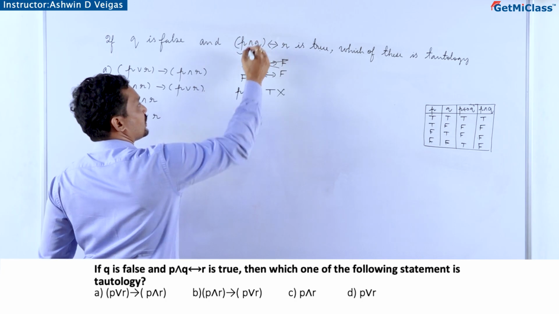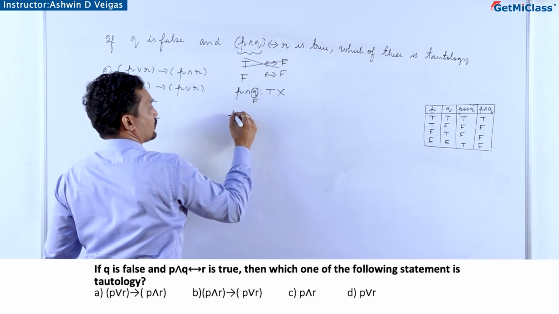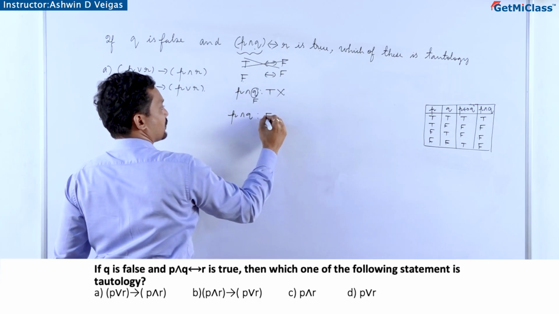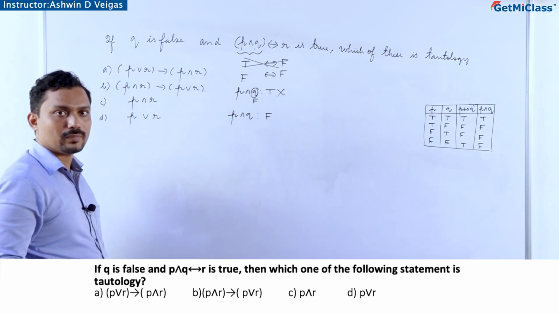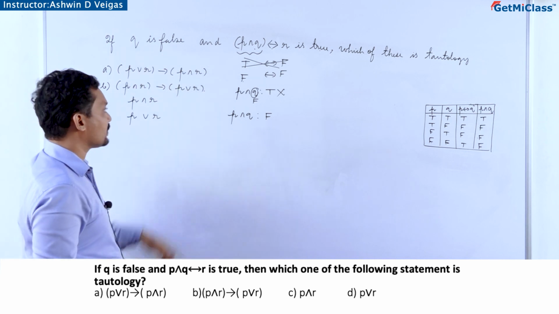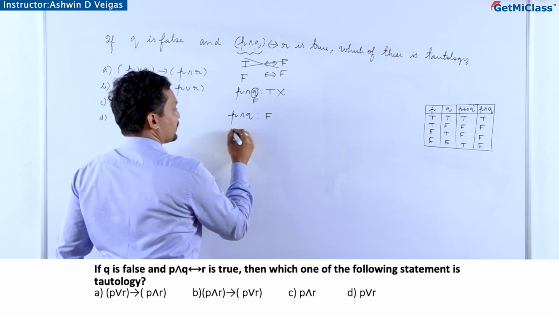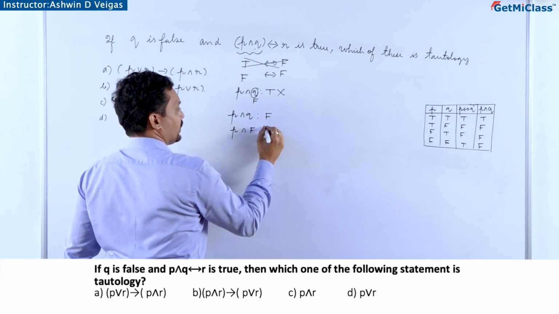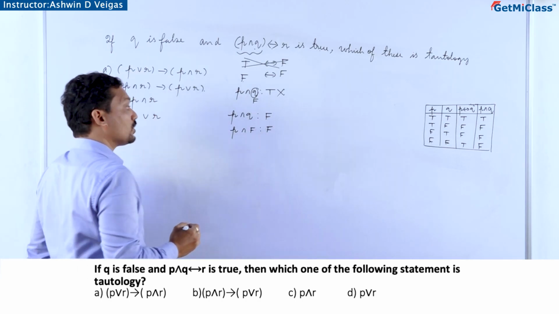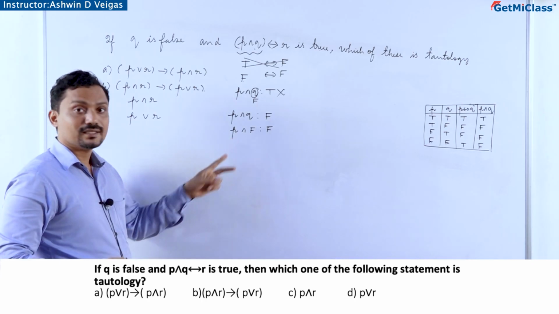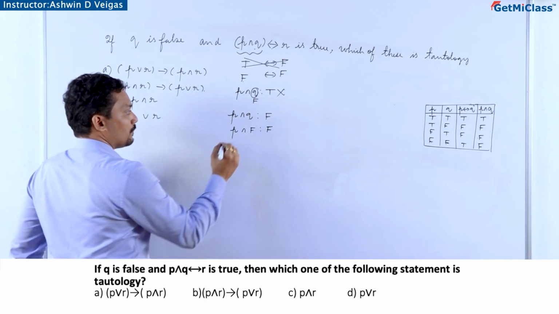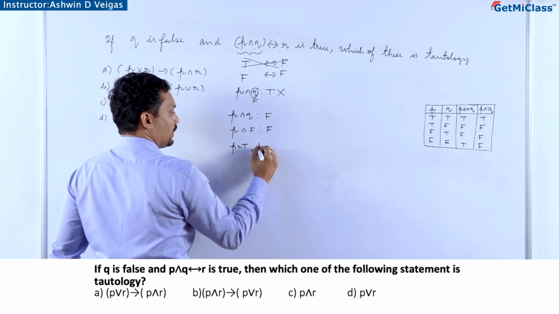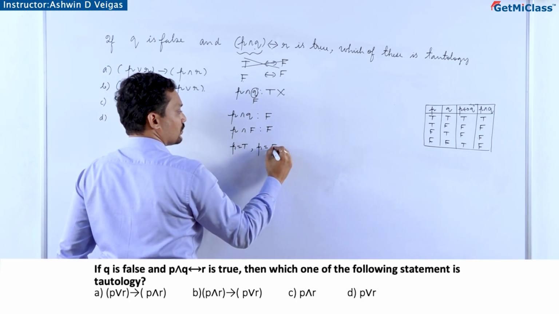Now, we will go to this case, P and Q can it be false? Yes, it can be, because Q is given as false. So, P and Q is false, but you have to be very careful here. For P, there will be 2 cases, because P can be true also, P can be false also.